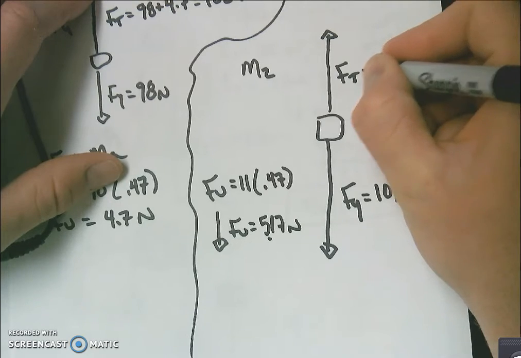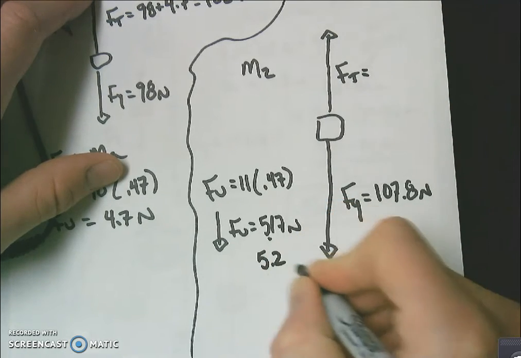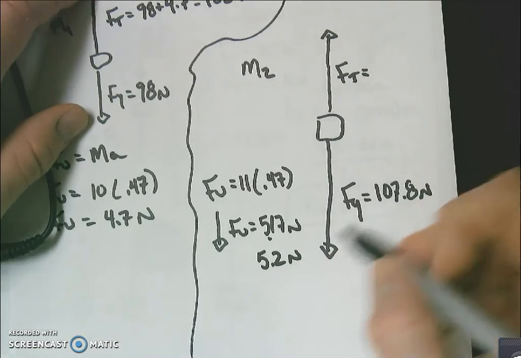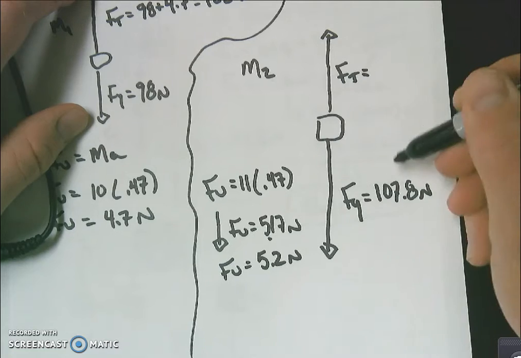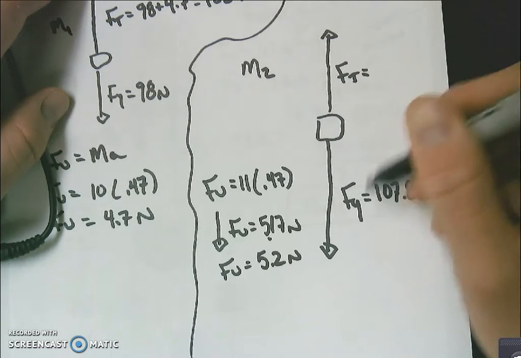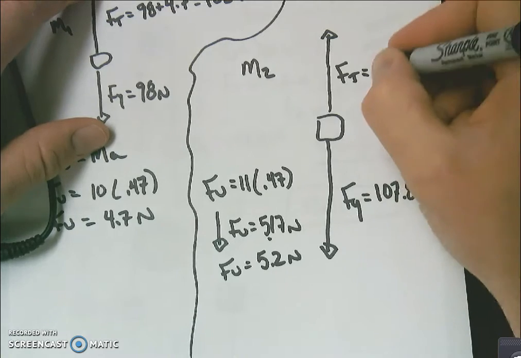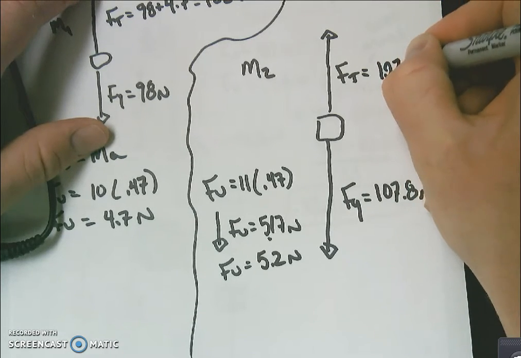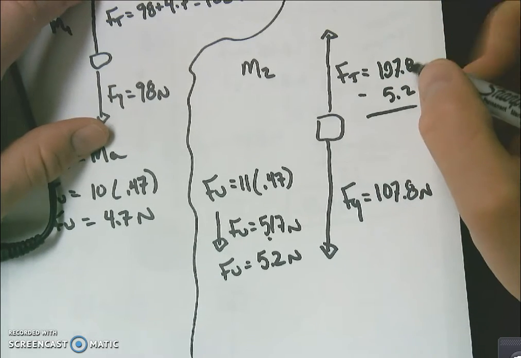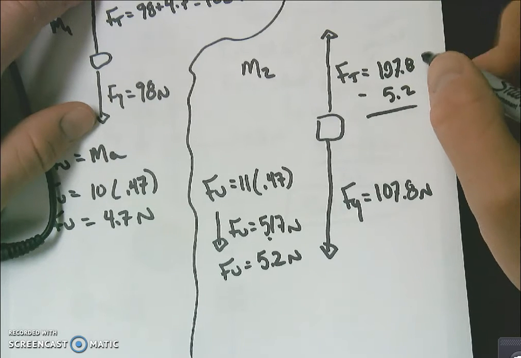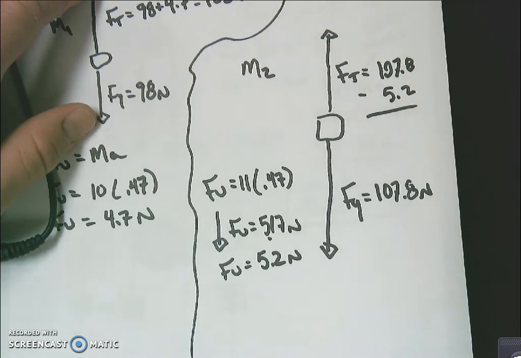So if I'm to find my force of tension, and we'll round this to 5.2 to keep our rounding consistent, knowing that my unbalanced force is 5.2 this way, that means my force of tension has to be 107.8 minus 5.2, which we end up with, what is that? Let me quick punch it in. Gets me 102.6, excuse me.